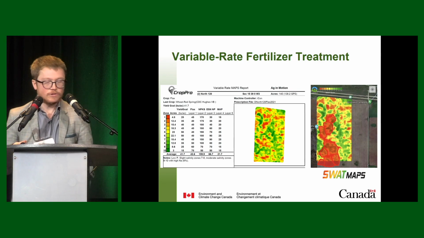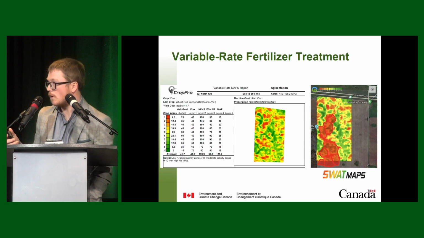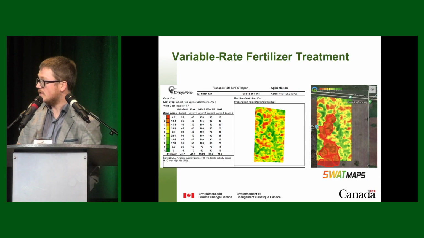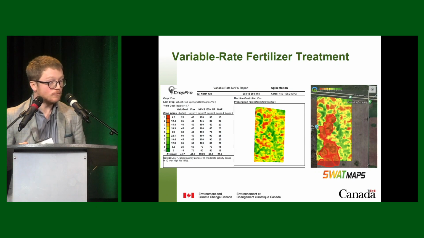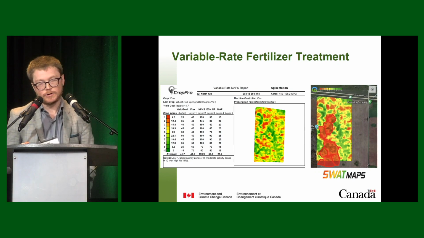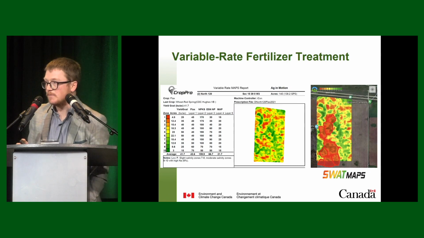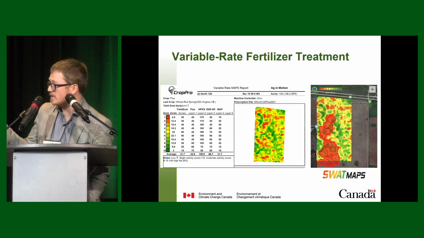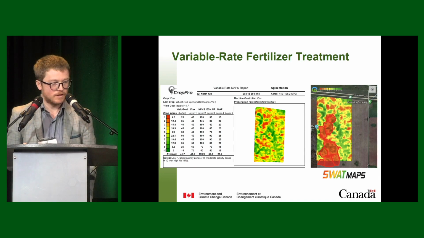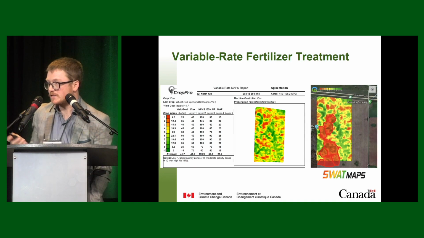In general, these red areas relate to water shedding areas within the field. The yellow areas are your mid-slope locations, and the green areas are your depressional areas, the bottom of the basin. The table on the left is the rates of fertilizer that are prescribed for each of the zones.